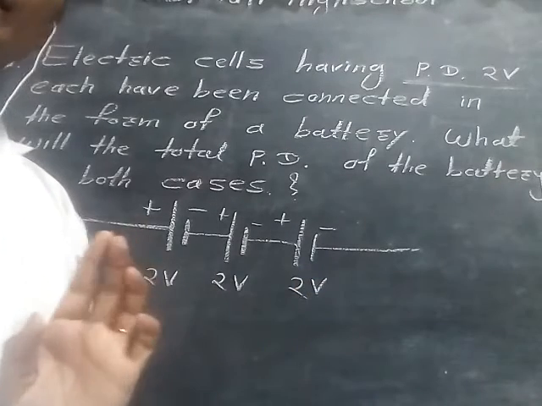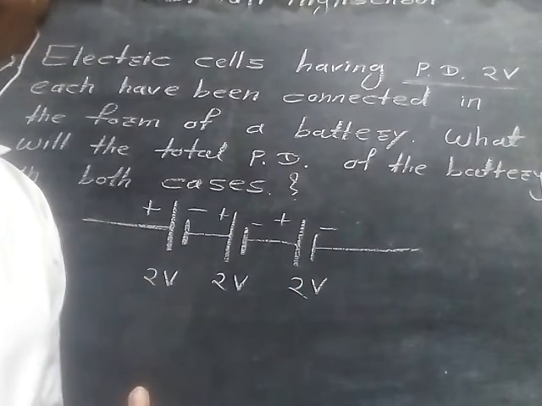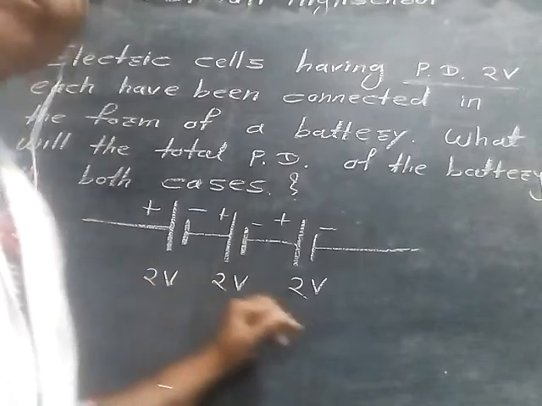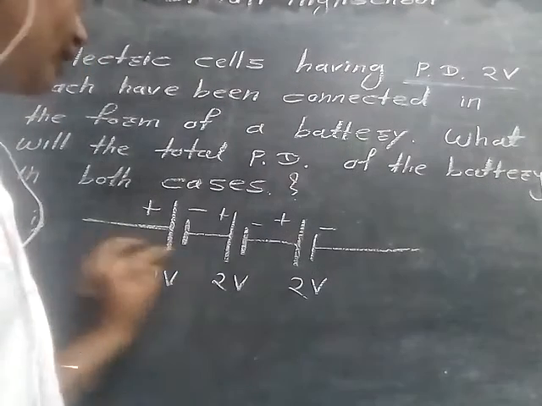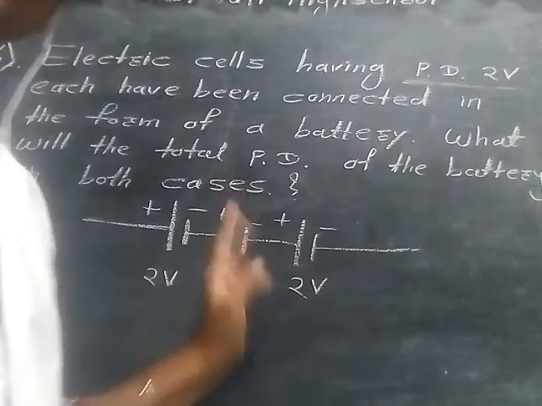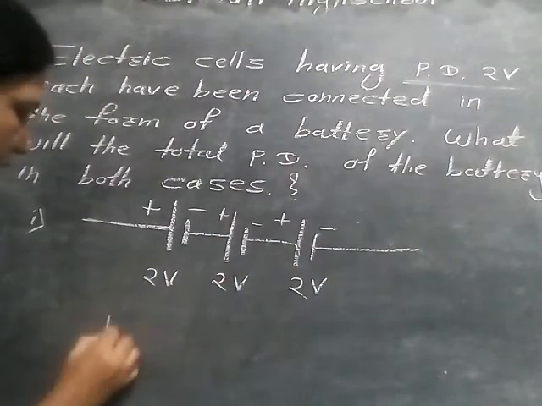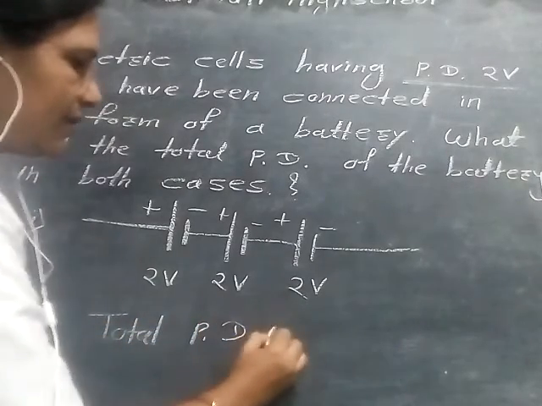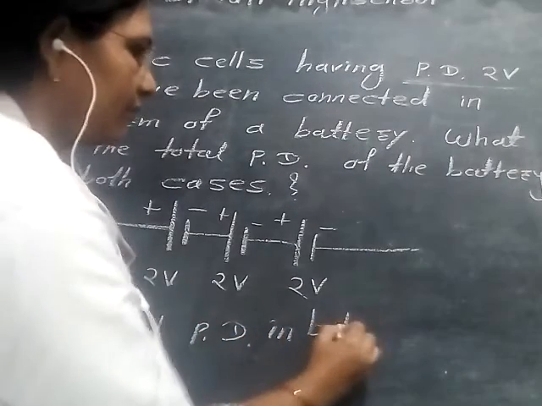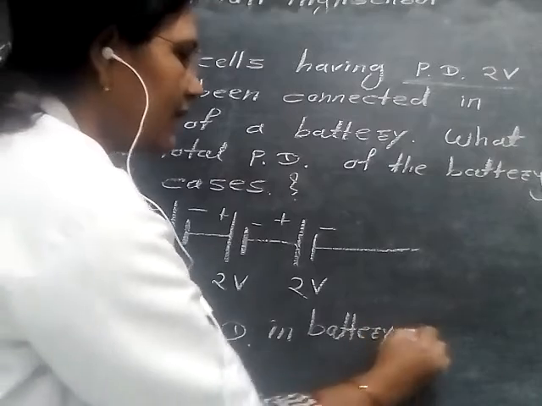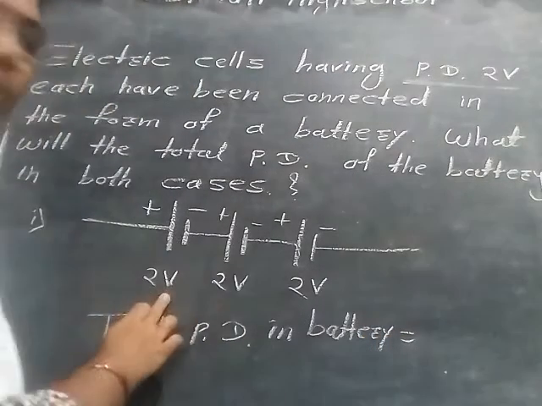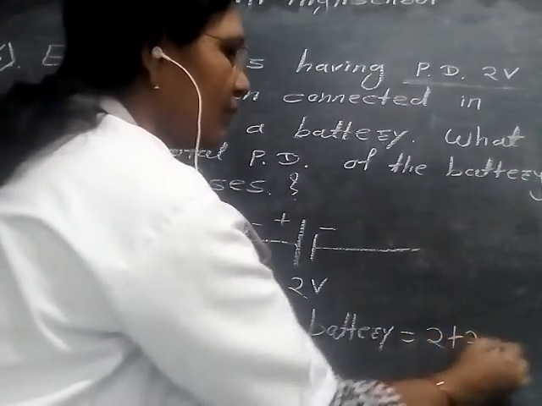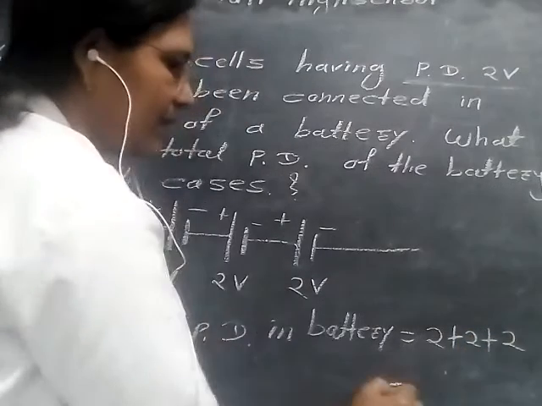When one cell is connected, we say it is a cell, but when more than one cell is connected, we say it is a battery. Now we have to find the total potential difference in the battery. So we write: total potential difference in battery is equal to 2 volt plus 2 volt plus 2 volt, that is 6 volt.